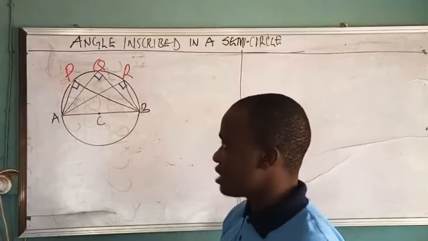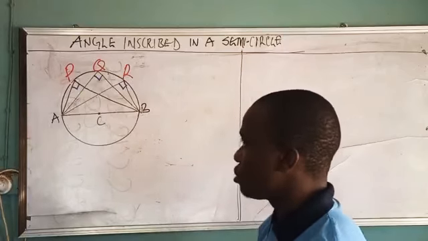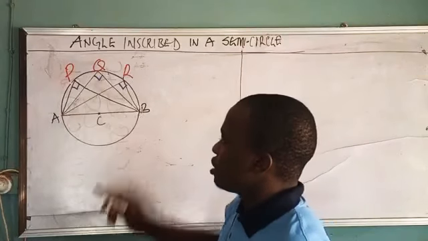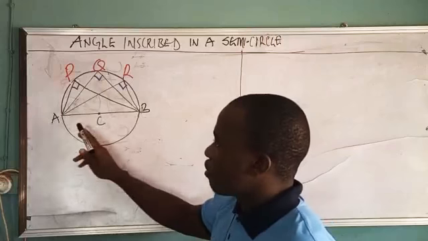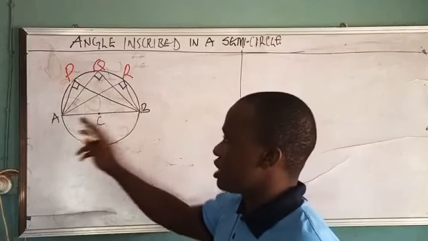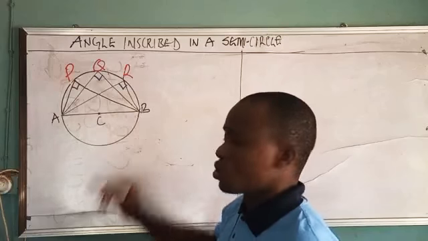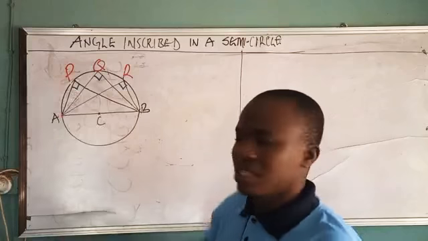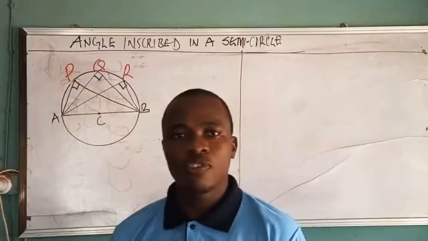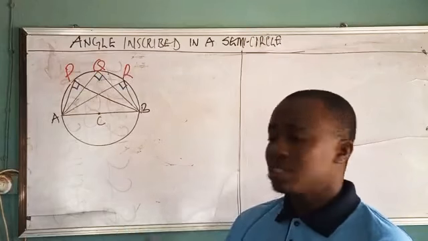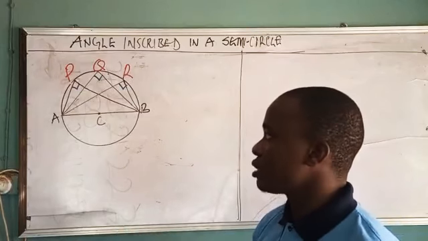It divides the circle into two. So any triangle formed with line AB is always equal to 90 degrees. If you find an angle in a semicircle, that angle is 90 degrees.